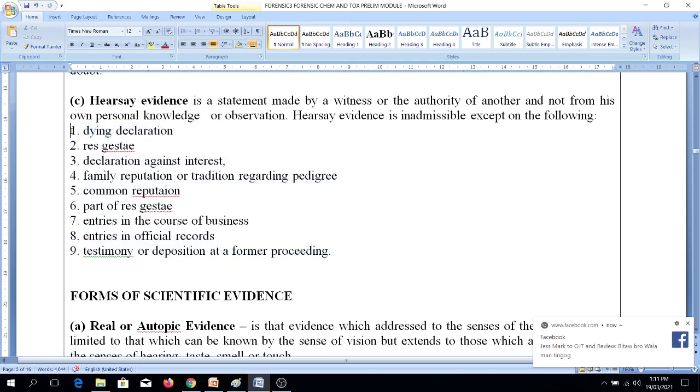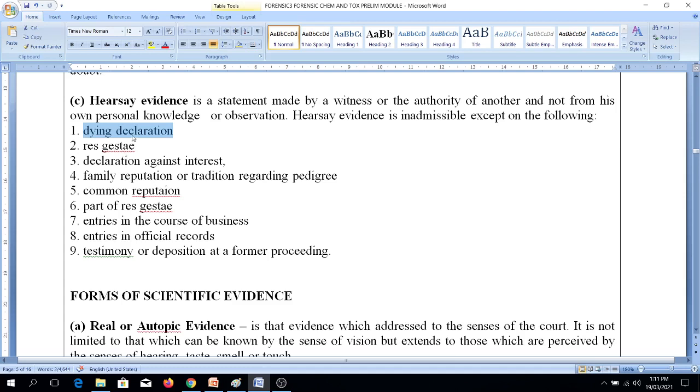Okay, may napod mo. Ma'am, sa example of dying declaration. Okay, I will give you a very good example. So for example, Mr. A was stabbed by Mr. B and then Mr. C, nakakita dayon, Mr. A gave a mention nga ang ni-stab niya is si Mr. B. So in that case, that will fall to a dying declaration.